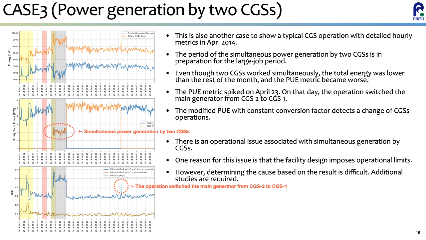We believe that there is an operational issue associated with simultaneous generation by CGS. One reason for this issue is that the facility design imposes operational limits. However, determining the cause based on the result is difficult. We believe additional studies are required.